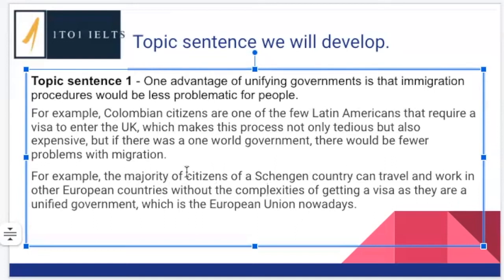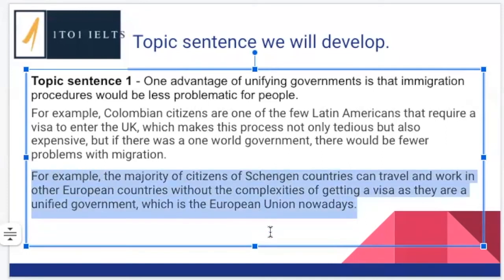Okay, so the majority of citizens, are we talking about one country or the Schengen countries in general? General. So what do we do if it's general? Very excellent. Yep, we put an S on the end. The majority of citizens of Schengen countries can travel and work in other European countries without the complexities of getting a visa, as they are a unified government, which is the European Union nowadays.